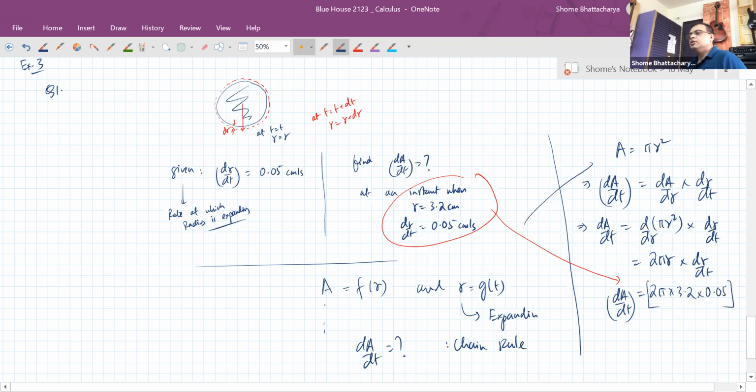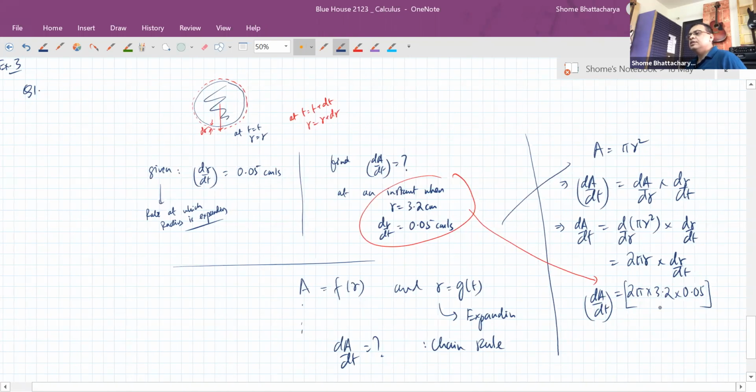See what the unit will become: this is given in centimeters and this is given in centimeters per second, so the area is changing at 0.32 pi centimeters square per second.